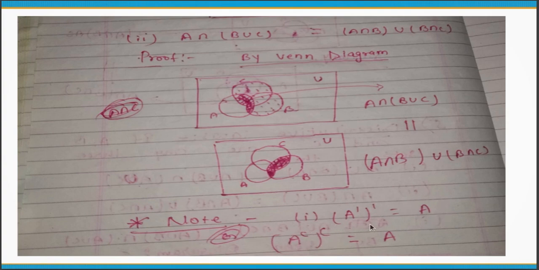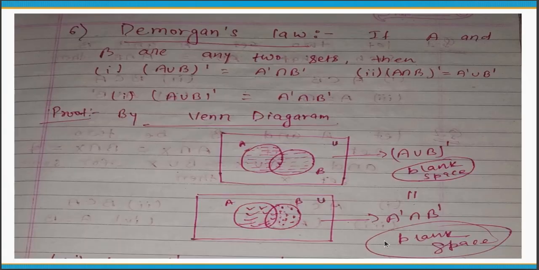Now complement of complement of any set becomes set A again. Now De Morgan's law: if A and B are any two sets then A union B complement equals A complement intersection B complement, and A intersection B complement equals A complement union B complement.